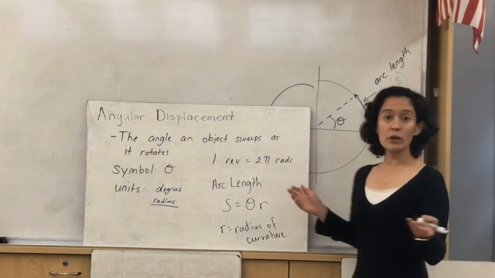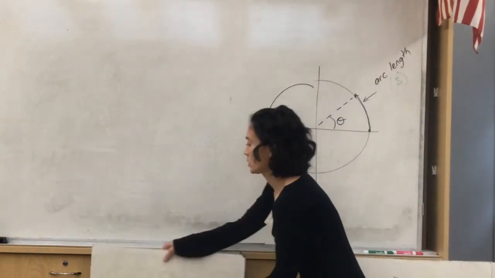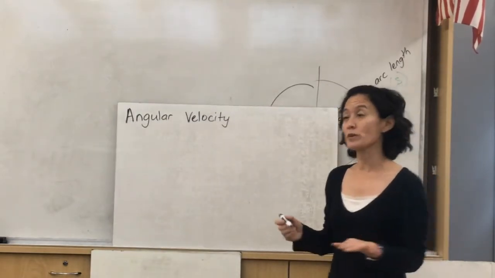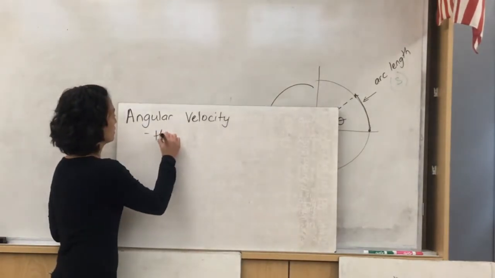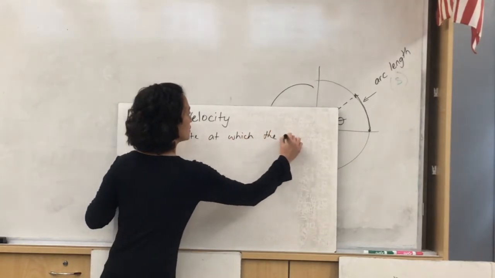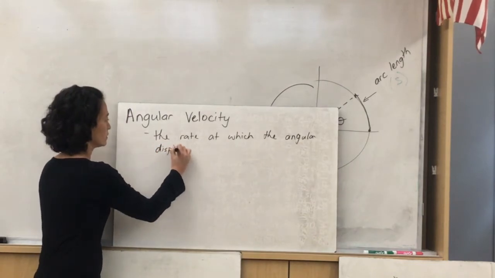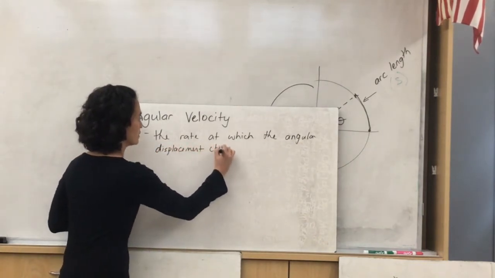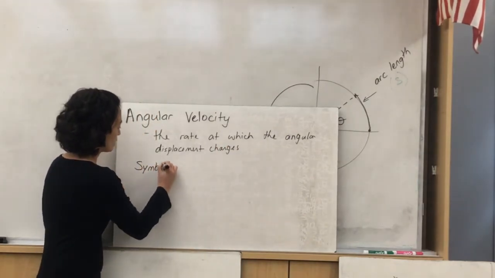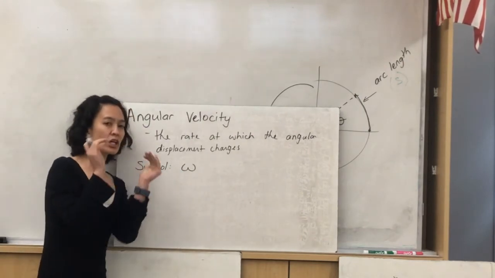The next quantity we looked at was velocity. So there's angular velocity, and this is just the rate at which the angular displacement changes. We symbolize it with the Greek letter omega, which is kind of like a W with curves.